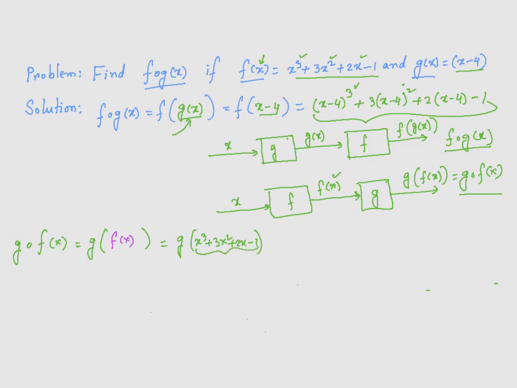So this whole thing goes as an input to g. Now what does g do to its input? It just takes the input and subtracts 4, or takes away 4 from it. So I'm going to do the exact same thing. x cubed plus 3x squared plus 2x minus 1. That's the input, and it's going to take away 4 from it. And then you can simplify it, and that's your answer.